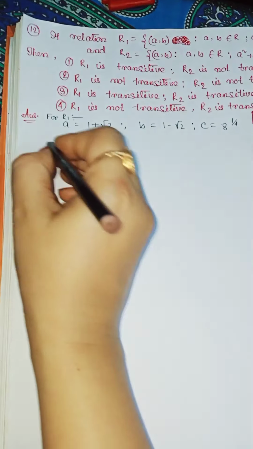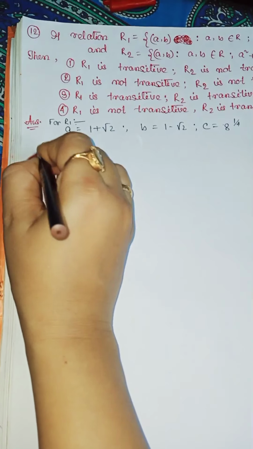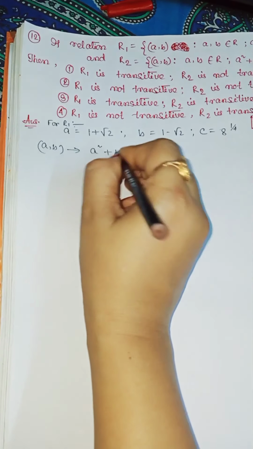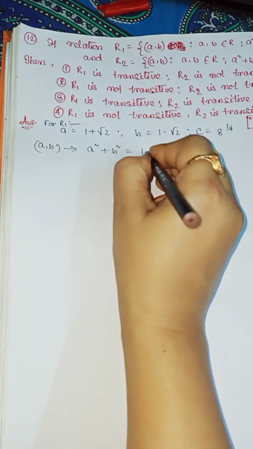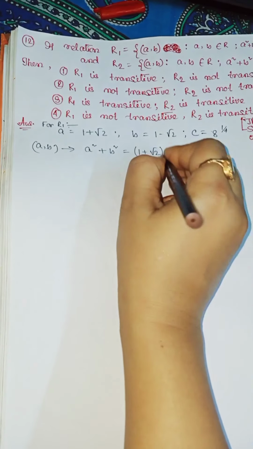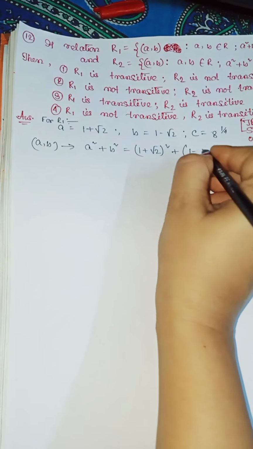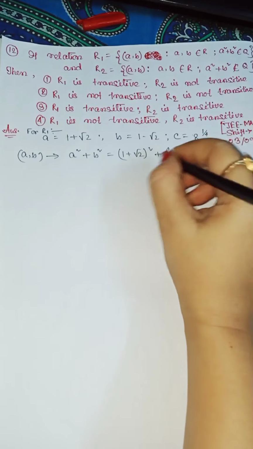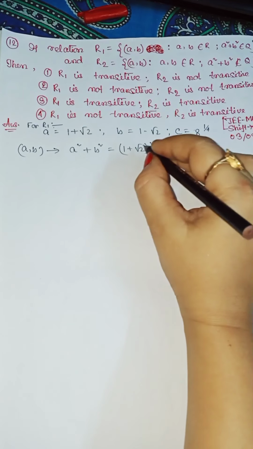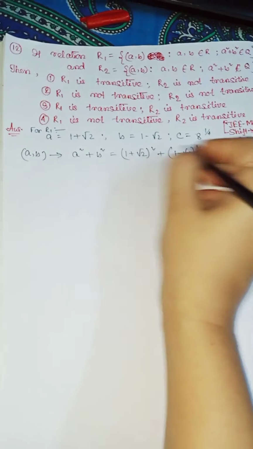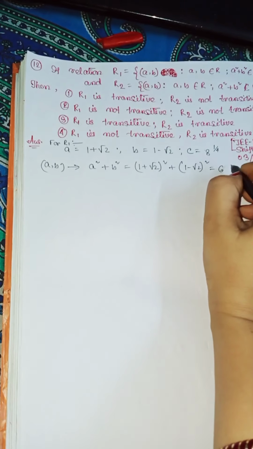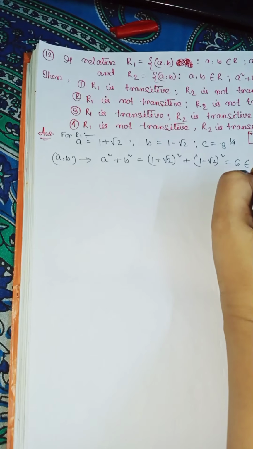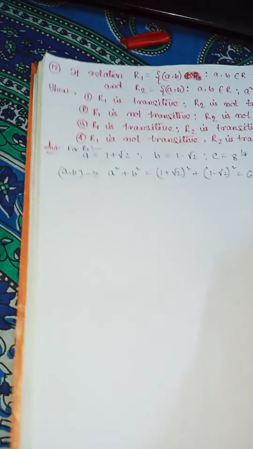So (a, b) implies a square plus b square is equal to (1 plus root 2) whole square plus (1 minus root 2) whole square. After calculating, it becomes 6, as the root 2 terms cancel off. So it is a rational number and it belongs to Q.